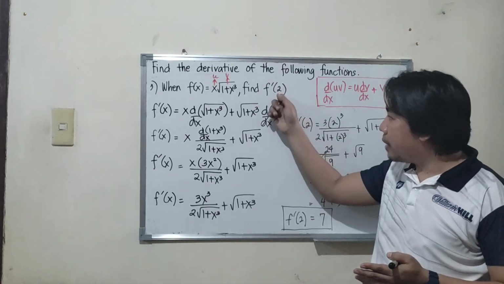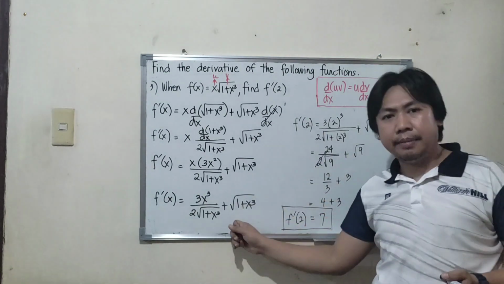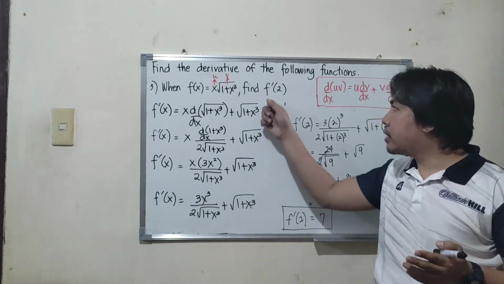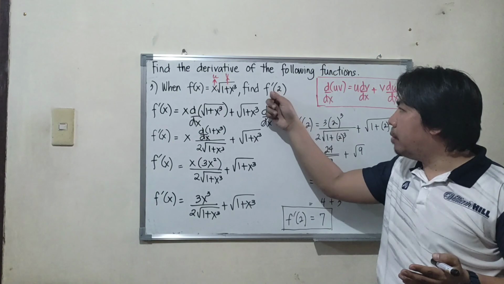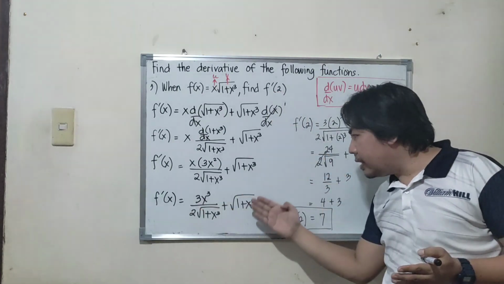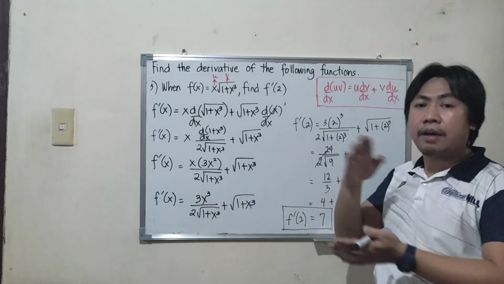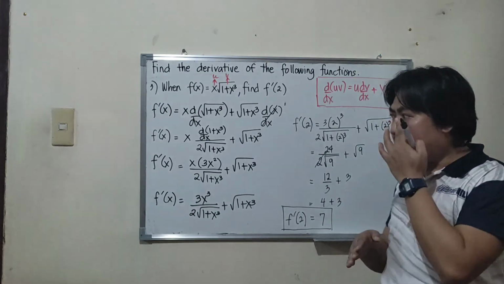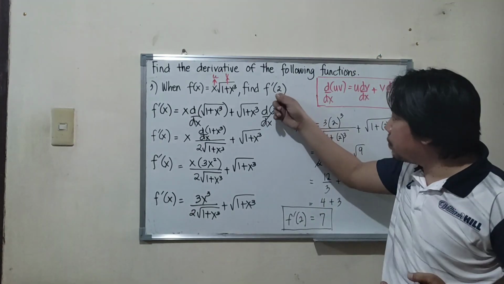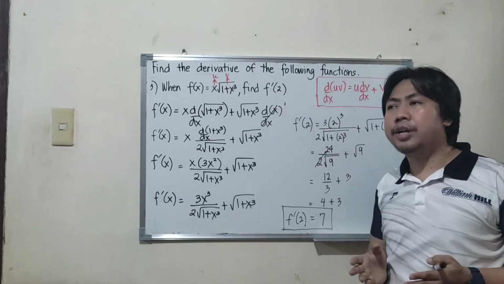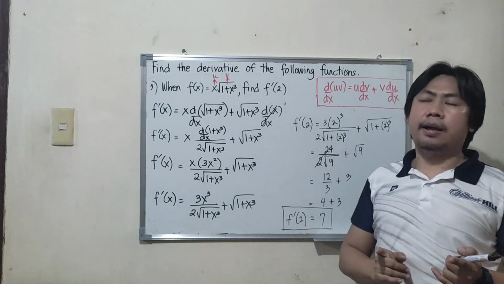So f prime of 2, substitute natin yung 2 dun sa derivative. So usually kapag meron tayong hinahanap na number, f prime of 2, pwede na natin hindi i-simplify yung pinaka-final answer natin. Kasi kahit naman i-simplify natin yun, isa-substitute pa natin yung 2. So yung magiging final answer natin ay single number na lang.